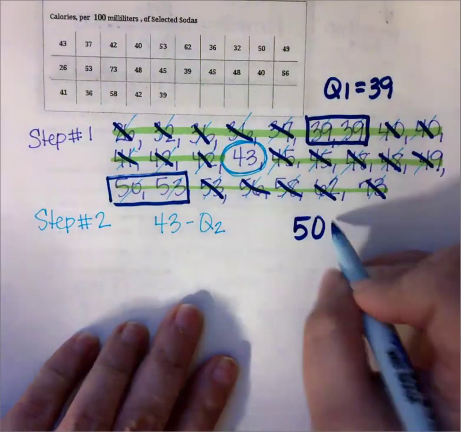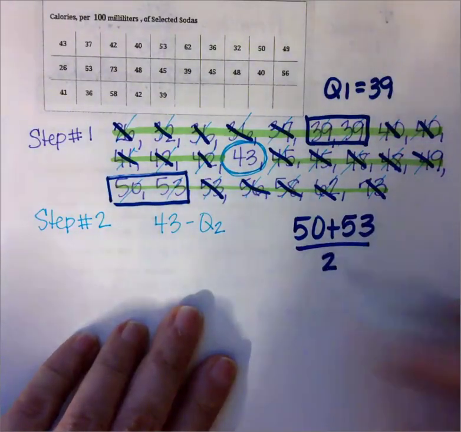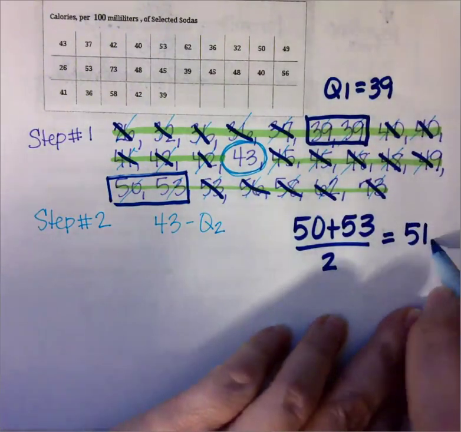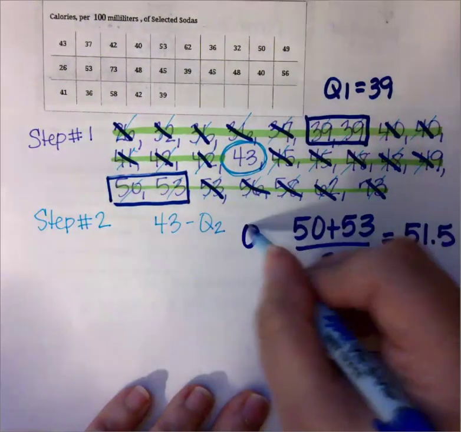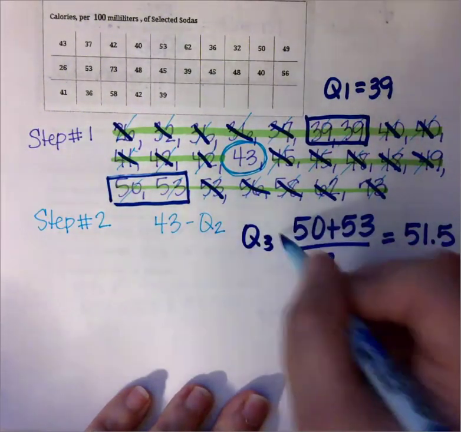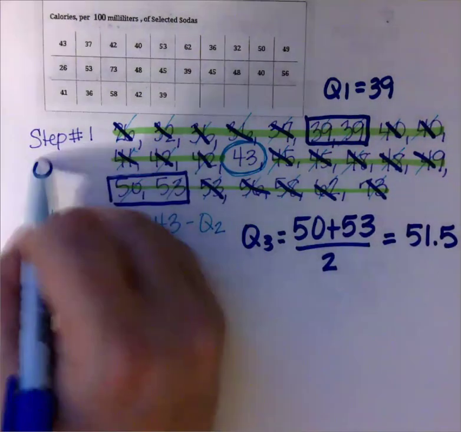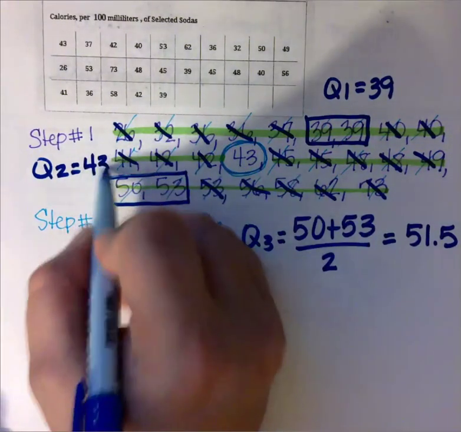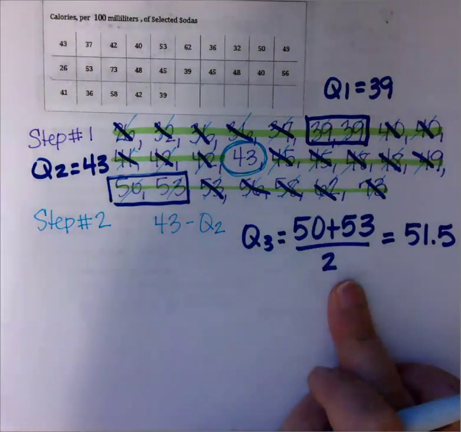So 50 plus 53 divided by 2 is 51.5. This represents Q3. So we have our Q2, which was our number we circled to start with, Q1, and our Q3 here.